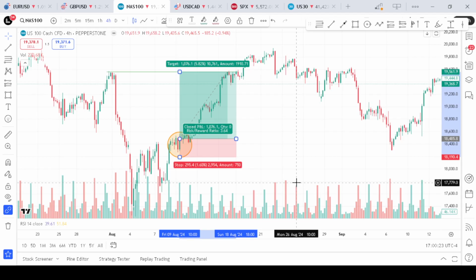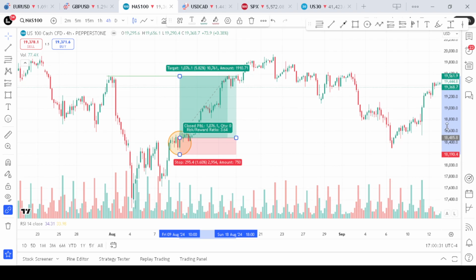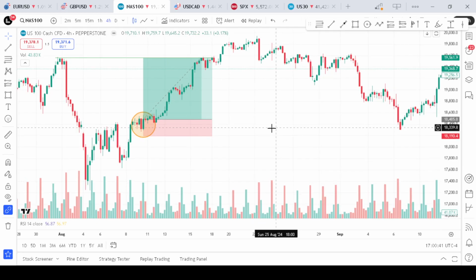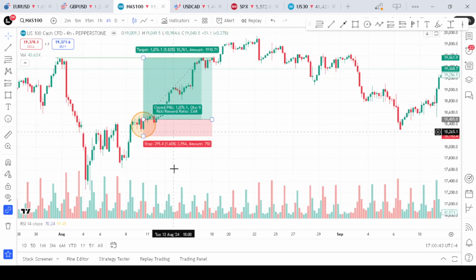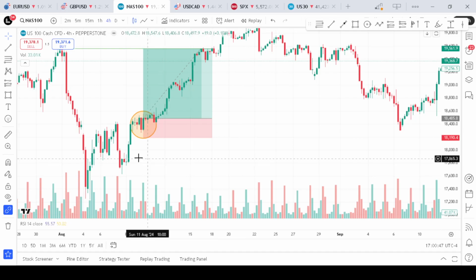Not every hook reversal leads to a trend reversal, especially in a choppy or sideways market where false signals are common. Always validate your pattern with a technical indicator like your volume, your RSI or your MACD, as the case may be. And as we took this trade, we used a volume indicator to signal that there was bullish momentum coming into the market.